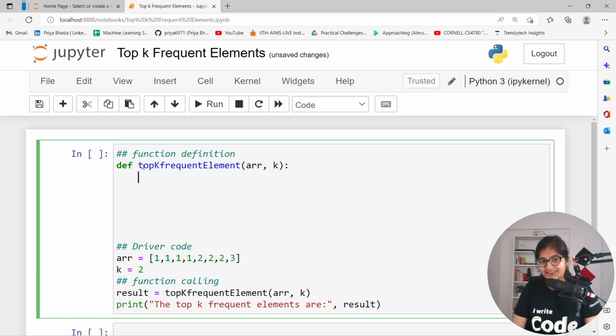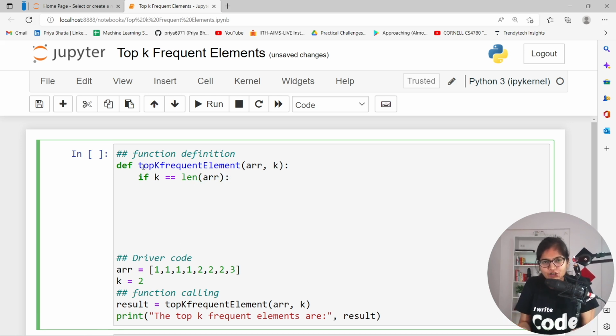Now, first of all we need to understand what the base case condition can be. Just assume that the value of k is equal to the length of the array that you have. At that point of time, you can simply return the elements present inside the array.